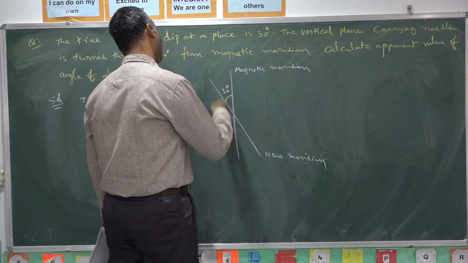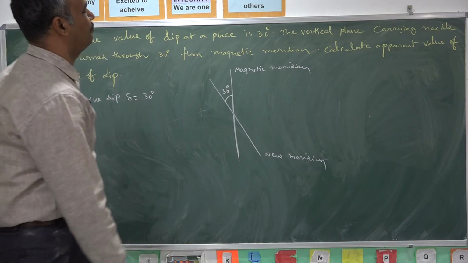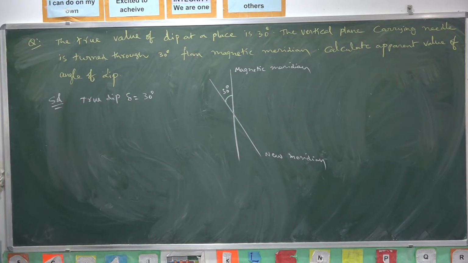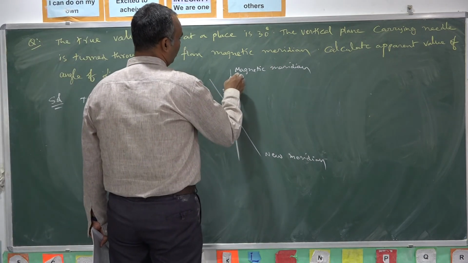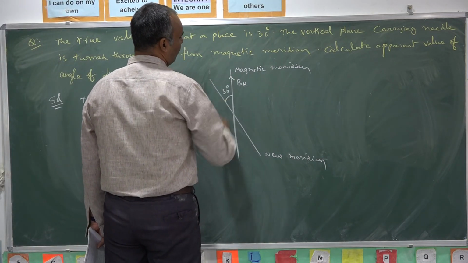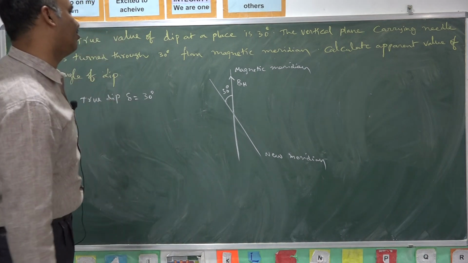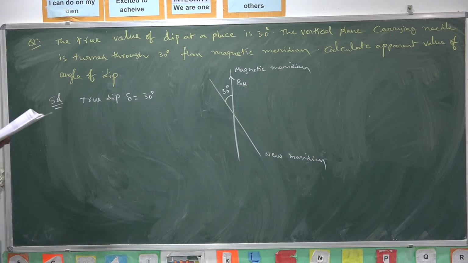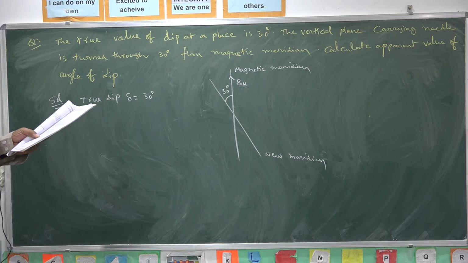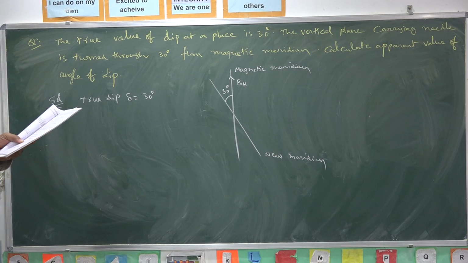Now the needle is showing its deflection in this new plane, that is the new meridian plane. The magnetic meridian gives the direction of the horizontal component of the magnetic field.